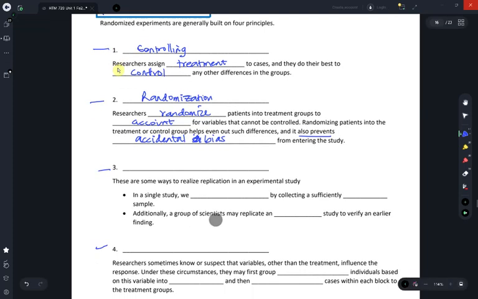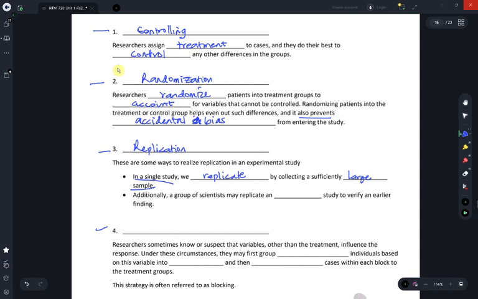All right. Then third would be replication. So we do not want to apply treatments to only one group. So in a single study, we can replicate by collecting a sufficiently large sample. All right, how are we going to collect large samples? There are sampling techniques, and we're going to discuss that in a little bit.